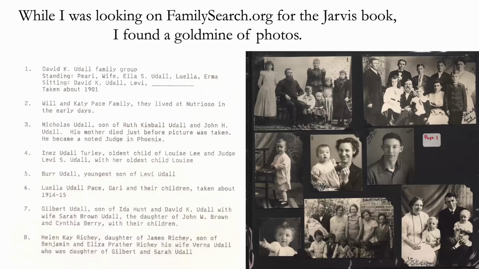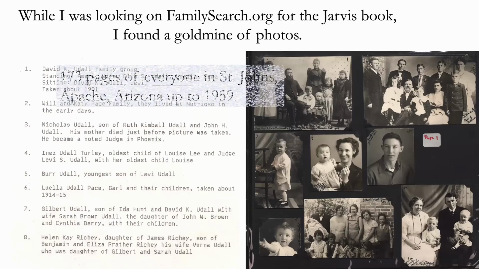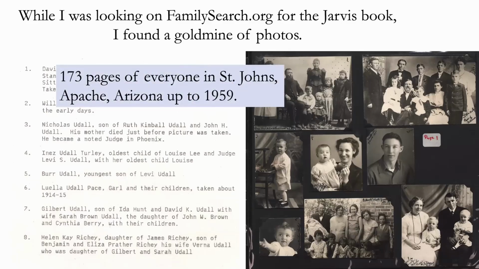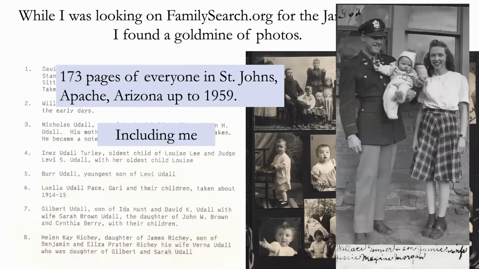Between around 1915 and 1940, she probably took pictures of every person in that entire town. It's 173 pages of everybody in this town, St. Johns, Arizona, up to 1959, including me. There I am, the cross-looking baby in that picture. And those are my parents when they were about the age they would have been when they had me as their first baby.